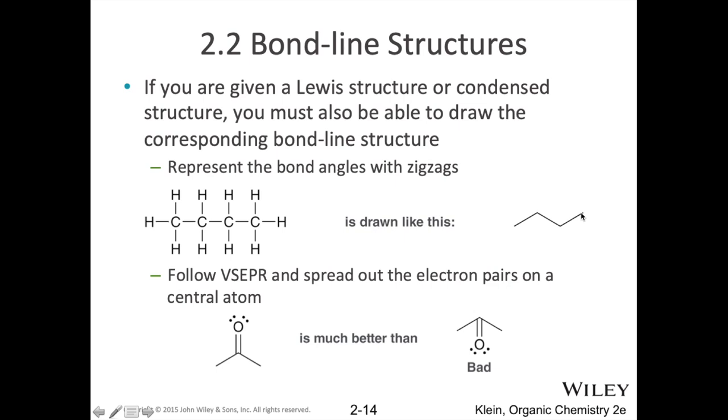Generally speaking, whether it's carbons or any heteroatoms that come off of it, like oxygen or sulfur, follow VSEPR theory. So, for example, here we're going to have a trigonal planar shape. This carbon has 3 atoms coming off of it. You want to draw that bond angle at 120 degrees or so. You don't want to draw an acute angle like this.